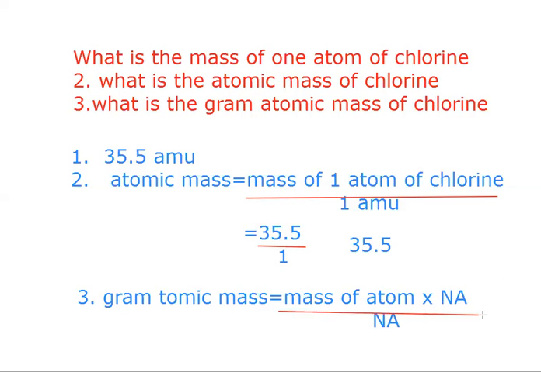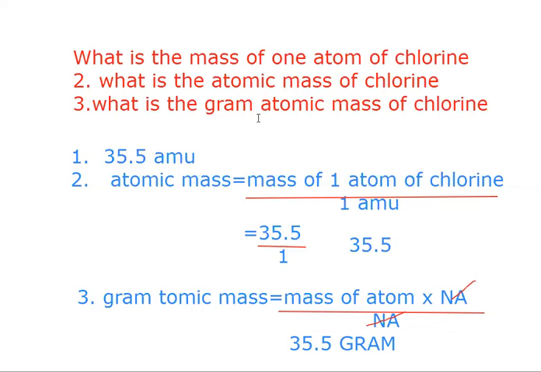The formula we have already seen, so we will be using this formula right now. This Na value will be calculated, and since we already know the mass value, it will be 35.5 gram. Okay, so this will be the answer.